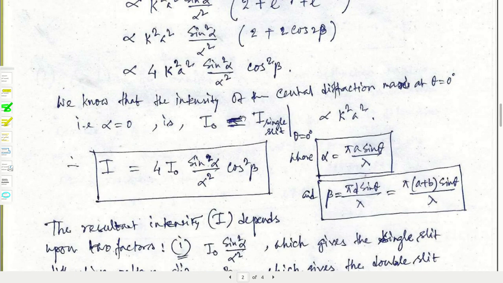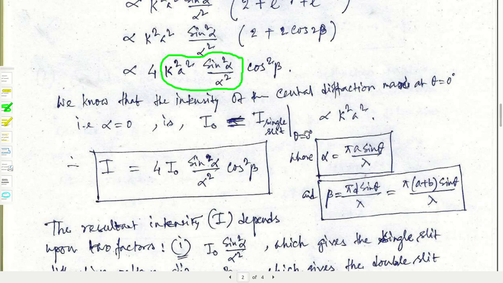And for the single slit, this is the single slit intensity result, which tends to k square square at theta equal to 0 or alpha equal to 0. So the single slit intensity at theta equal to 0 is written as I0, so I0 is proportional to k square square.